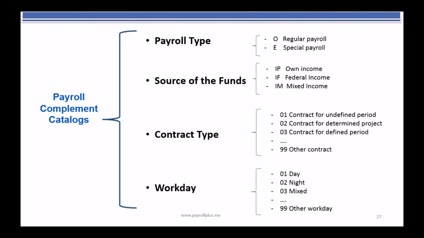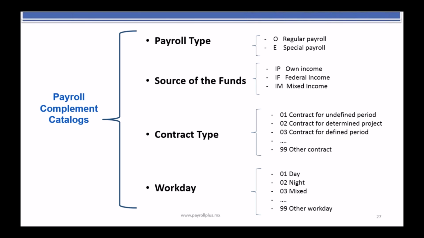Then we have the next catalog, which is for work day. This is a new catalog, and here we are going to indicate the type of work or journal that the employees do. It can be 01 for day, 02 for night.